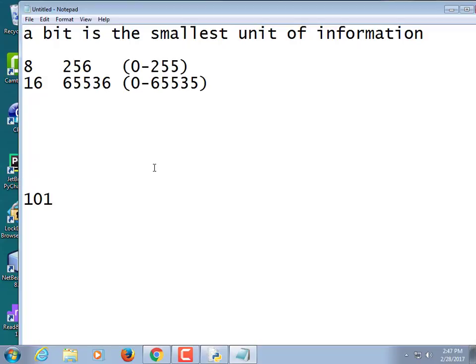So if we had this number, 0, 1, 0, 1, that means this is the ones column, right? That means 1 times 1, plus how many times 2? 0 times 2, plus how many times 4?